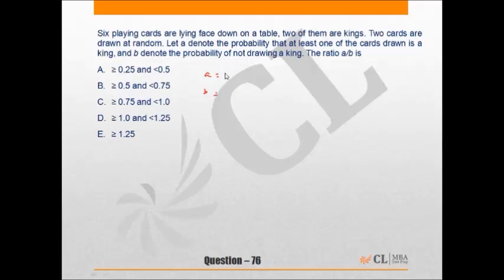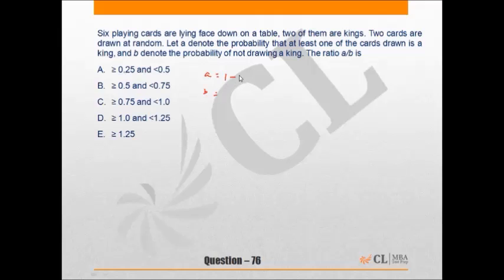So there are two ways to find the number of ways in which the drawn set of cards contains at least one king, either by finding the number of ways in which exactly one king can be drawn and then exactly two kings can be drawn, and finally adding them, or we can subtract the probability of finding no king card from 1, then we'll get the required probability of getting at least one card.